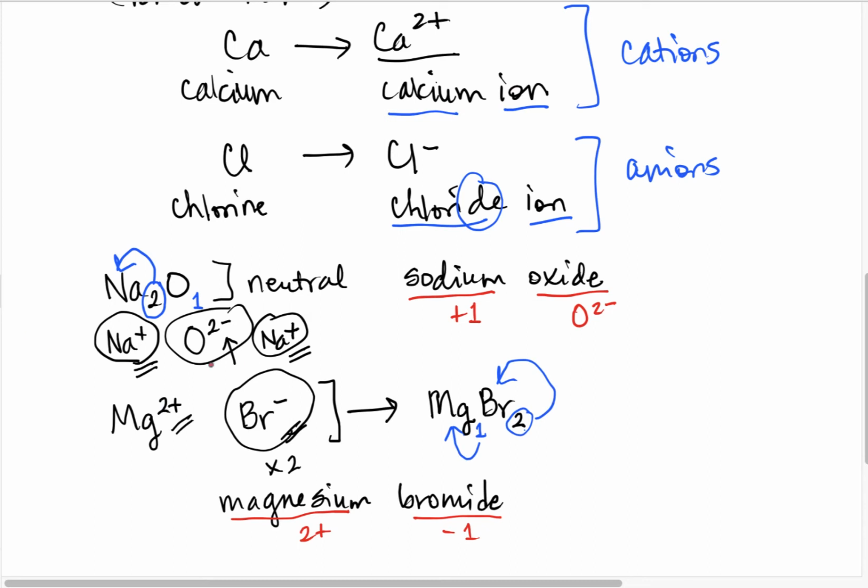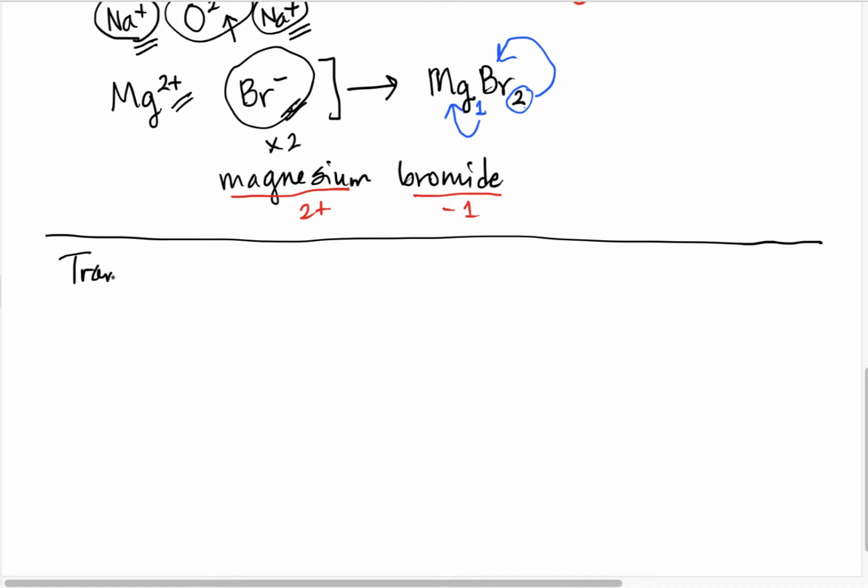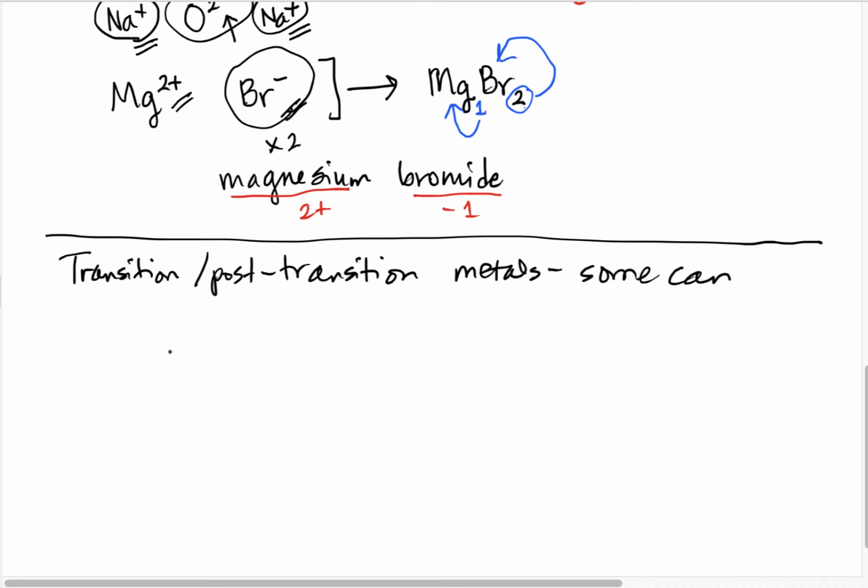Now notice I did mention that we have that whole group of elements where they can form different charges. So mostly transition metals and post-transition metals. Some can form multiple ions.